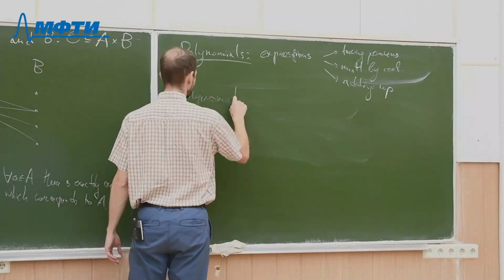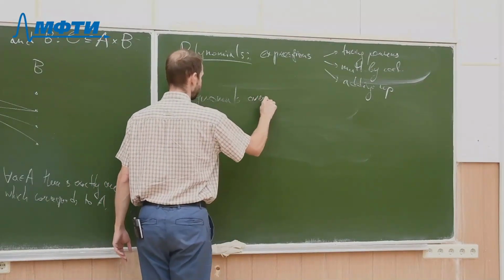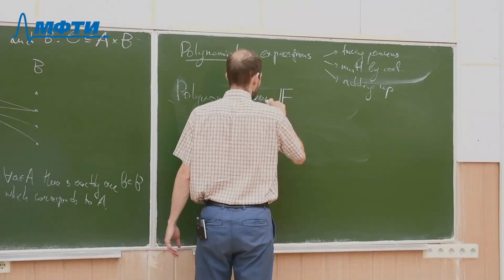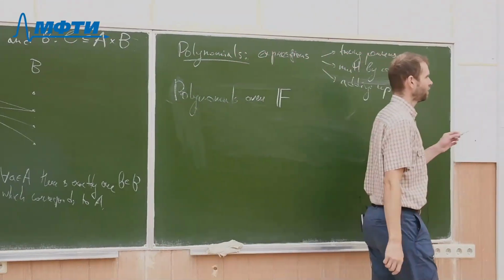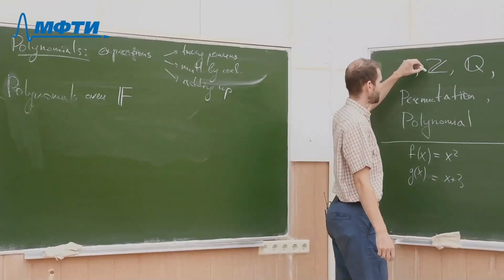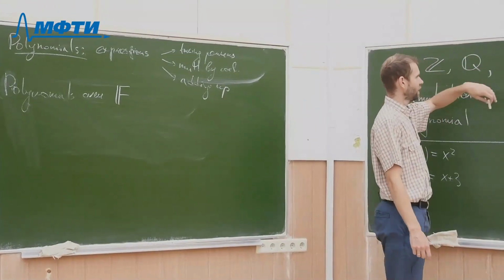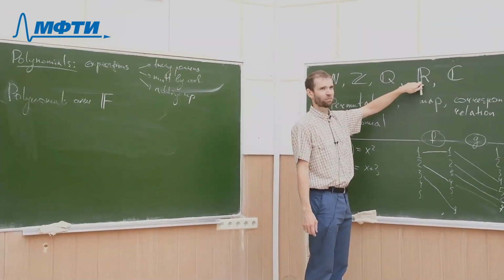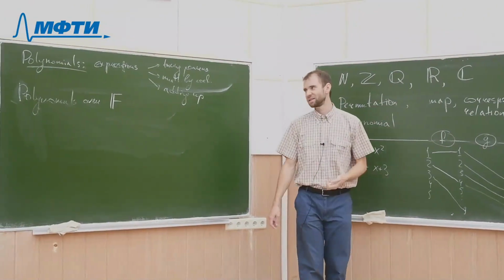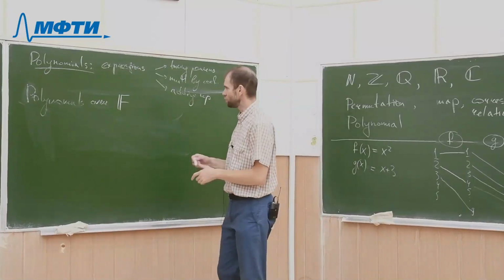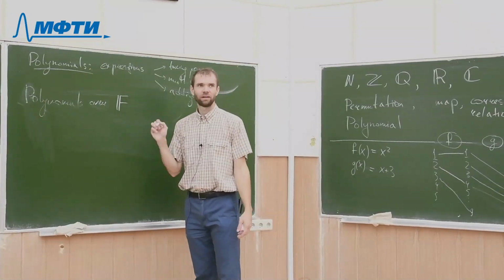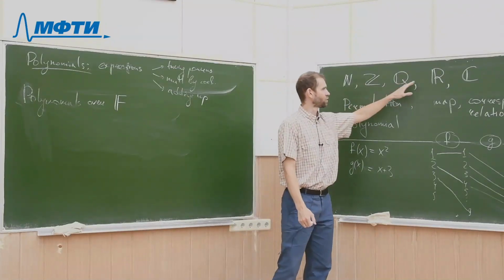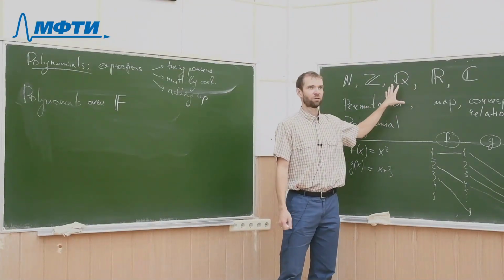polynomials over some set. Well, you see all these guys like N, Z, Q, R, C, they all are written in blackboard bold font. And I will use this letter F as a substitute for almost any of these for now.